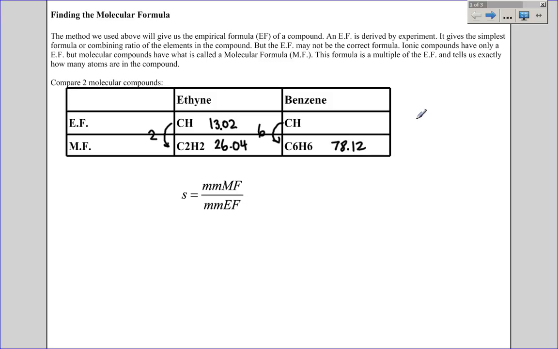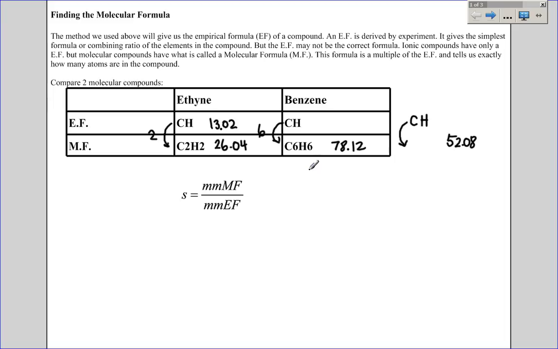So if we look at a third example, another molecule with the empirical formula CH, and we're given that we have a molar mass of 52.08, we can use this information in order to figure out what the formula is. Because we can figure out what the multiple is that the molecular formula is of the empirical formula. The way that we do that is by finding the multiplier.